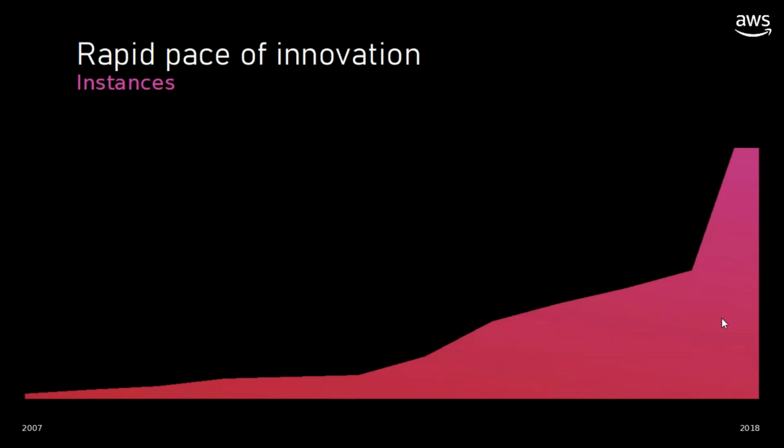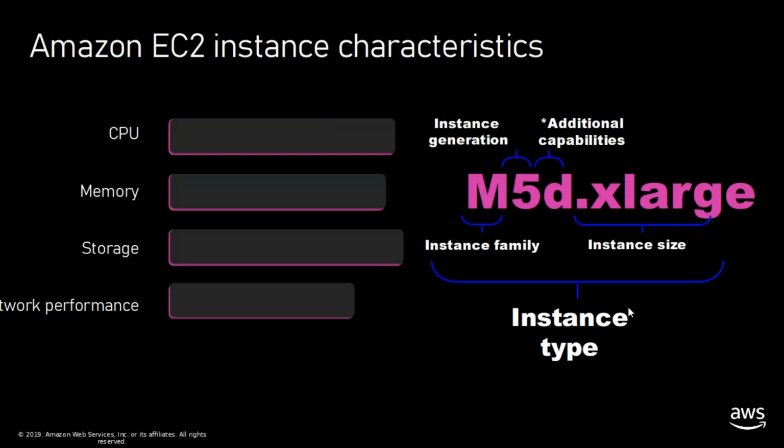So, rapid pace of innovation. Currently, as of 2018, we have 175 types of instances. This is how we characterize EC2 instances based on CPU, memory, storage, and network performance. Here's an example of an instance type: M5d.xlarge.